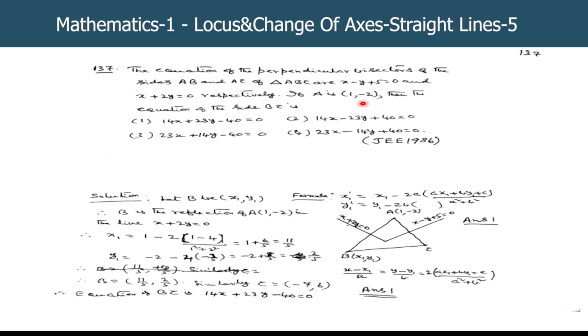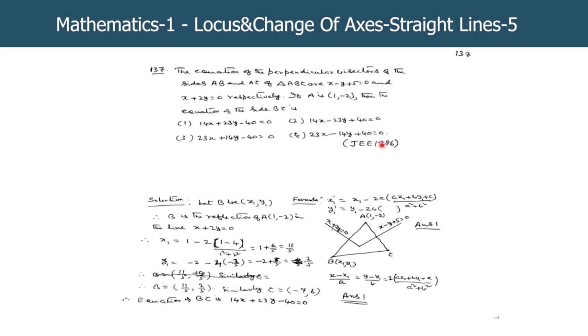If A is (1, minus 2), then the equation of the side BC is: 1) 14x plus 23y minus 40 equal to 0, 2) 14x minus 23y plus 40 equal to 0, 3) 23x plus 14y minus 40 equal to 0, and 4) 23x minus 14y plus 40 equal to 0. This of course was asked long back in JEE, in 1986.